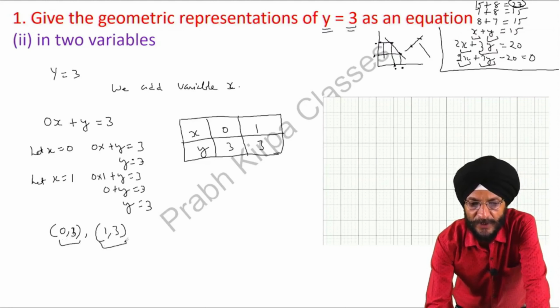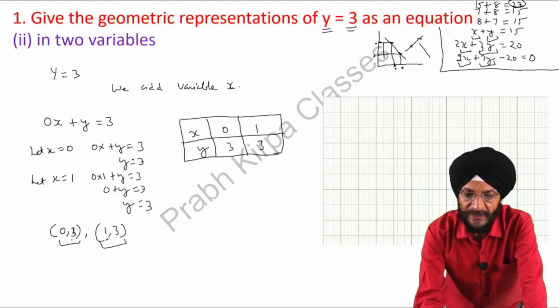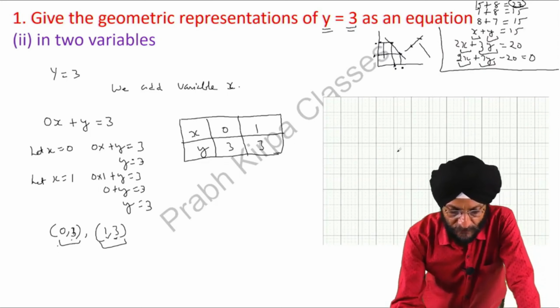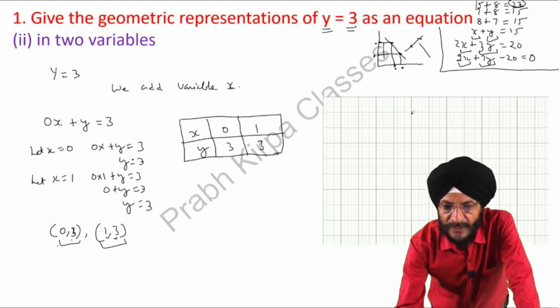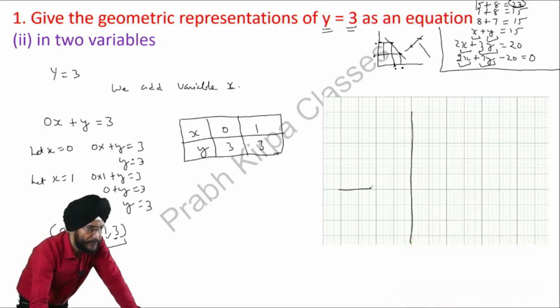While writing the solution, please note that the value of x is written first, value of y is written after that. Again, value of x has been written first, value of y has been written next. Now we will form the graphical representation or geometrical representation. This is the y-axis, this is the x-axis.